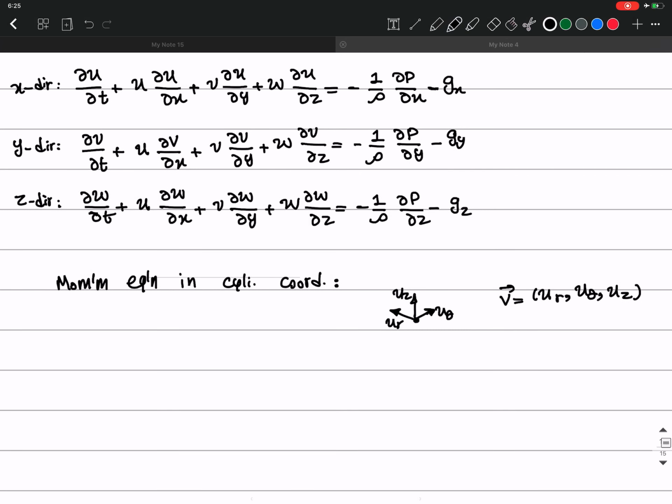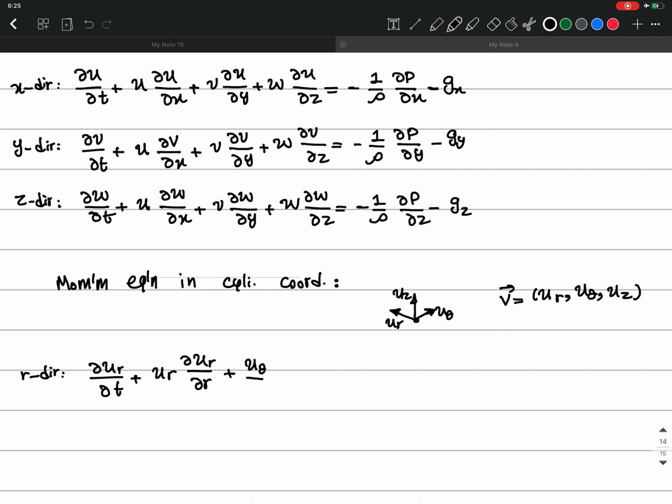So the first component is for the radial velocity, so the r direction is going to be partial ur over partial t plus ur partial ur over partial r. And you can derive this. I'm not going to derive it here, but you can derive this by a transformation from Cartesian coordinate to a cylindrical coordinate. Plus, I just write the final answer, after the transformation, how does it look like?